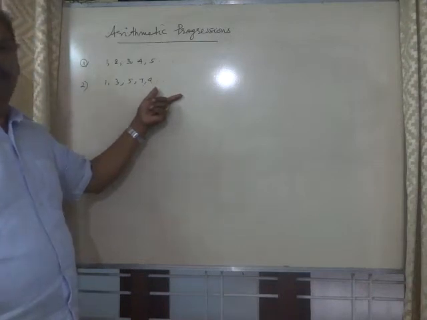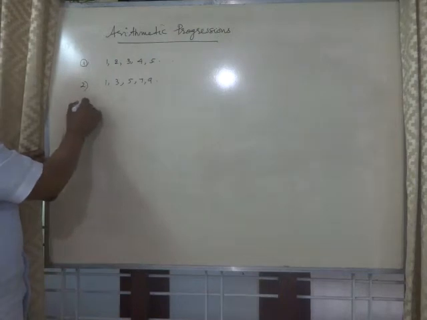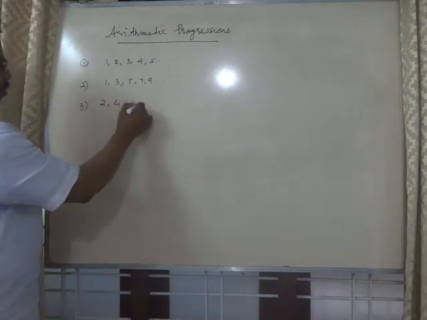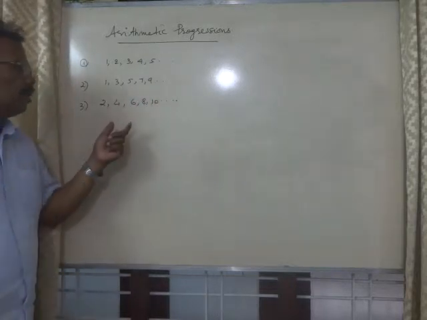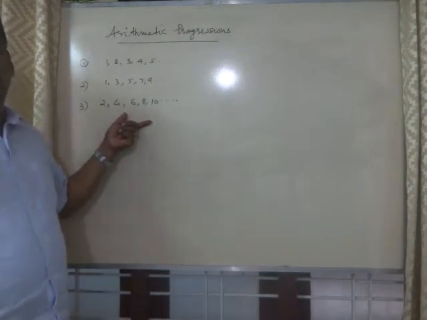This sequence also you are familiar with. 2, 4, 6, 8, 10, etc. This is the sequence of positive even integers.